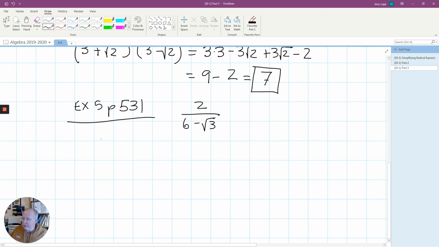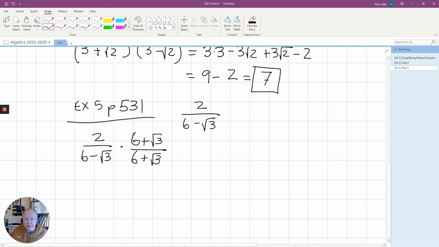So using conjugates, we have 2 over 6 minus the square root of 3, and we multiply that by the conjugate. Now remember, the conjugate isn't simply just the square root of 3 part. It's the whole thing: 6 plus the square root of 3 over 6 plus the square root of 3.